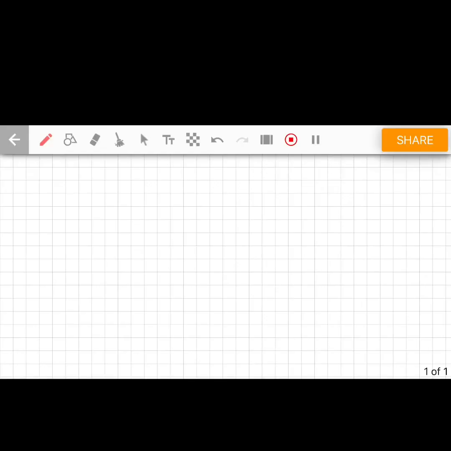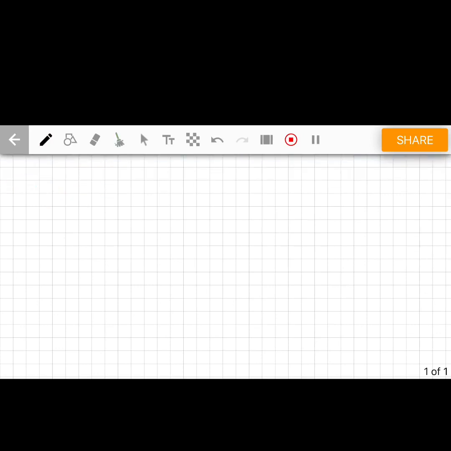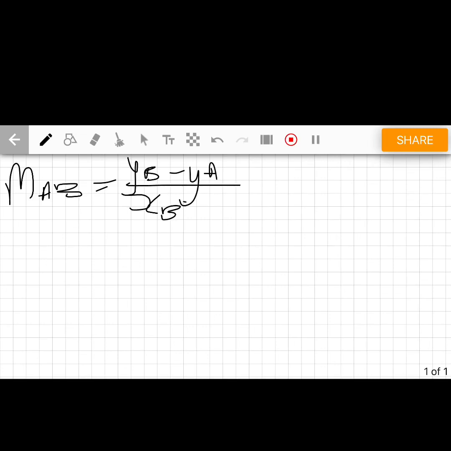To get the gradient of AB, we're going to say the gradient of AB is equal to the y of b minus the y of a all over the x of b minus the x of a.